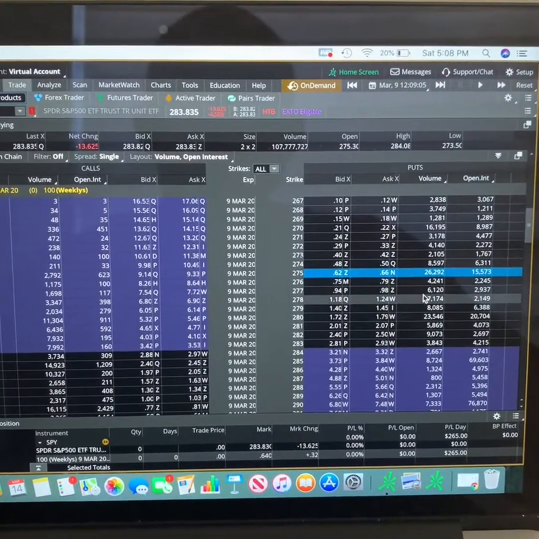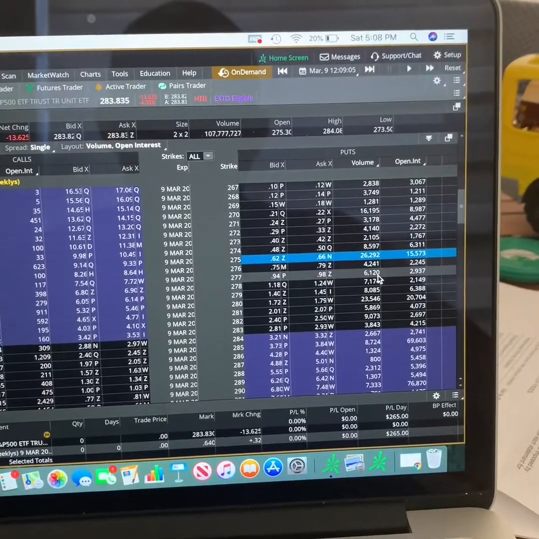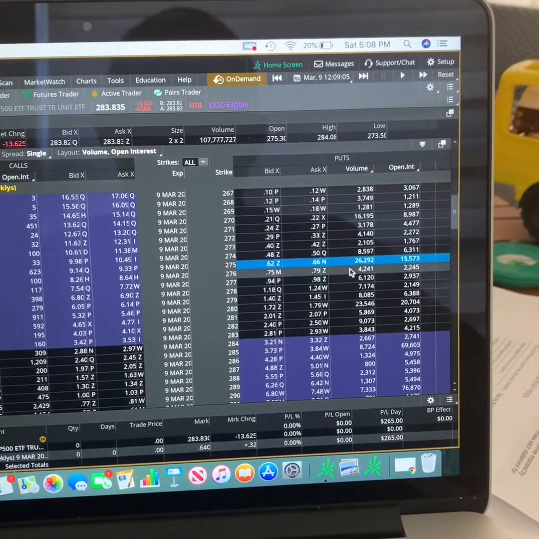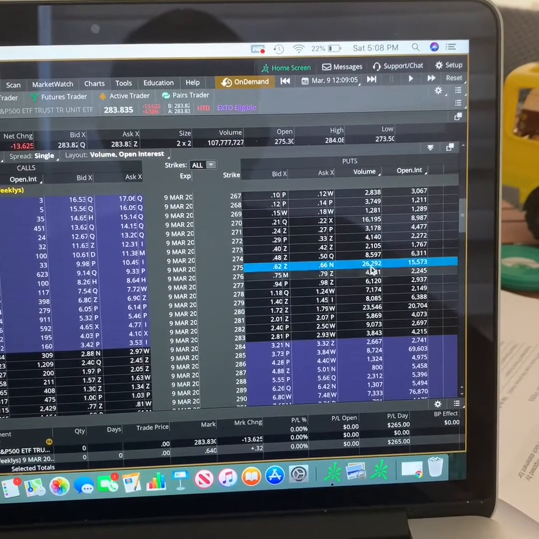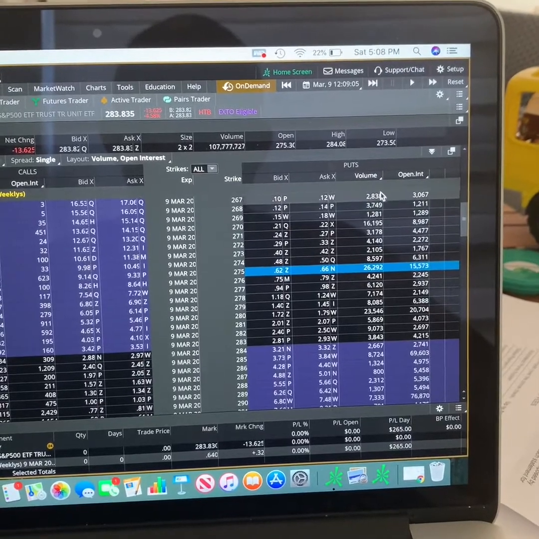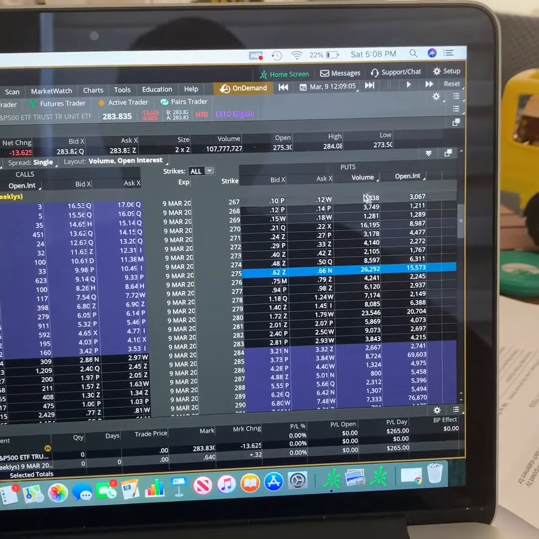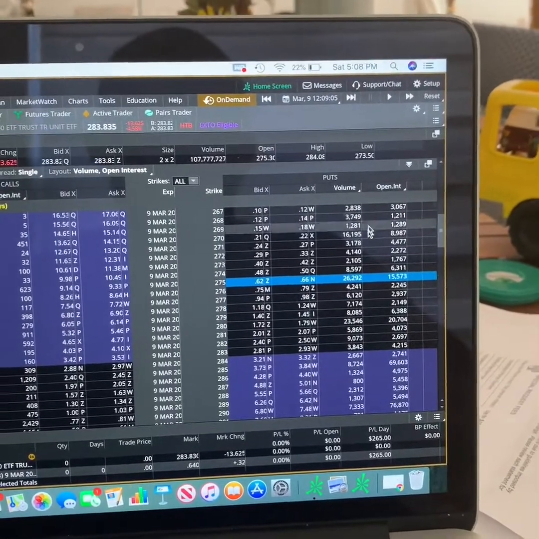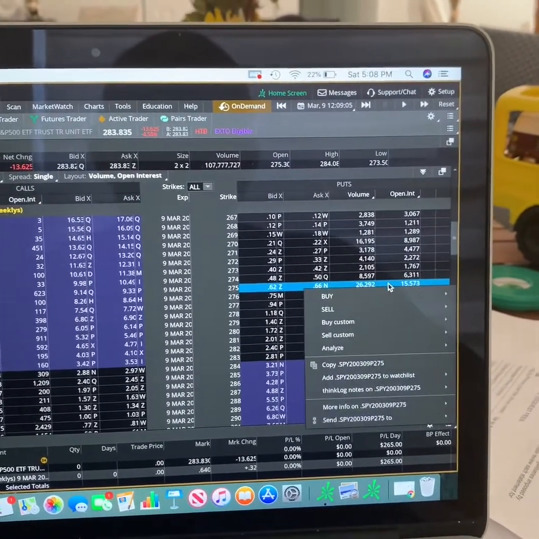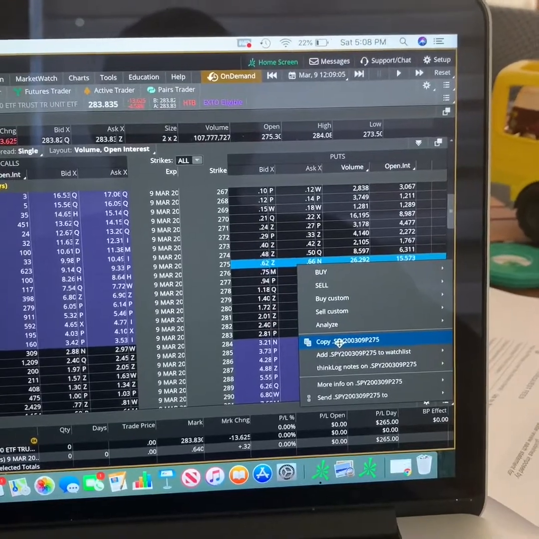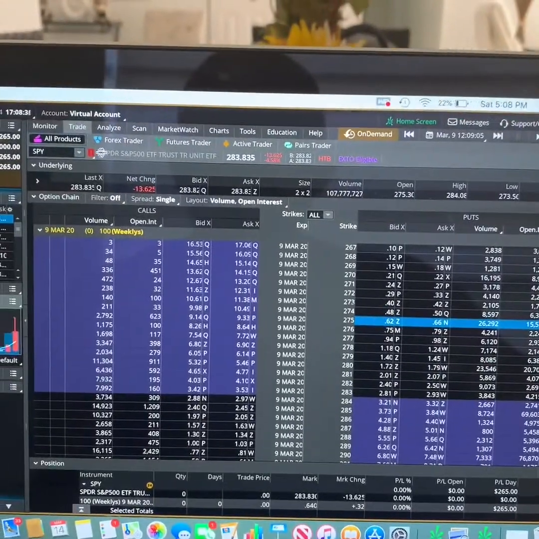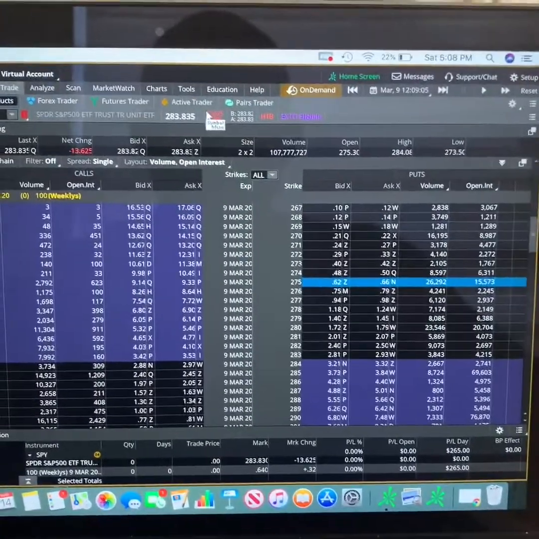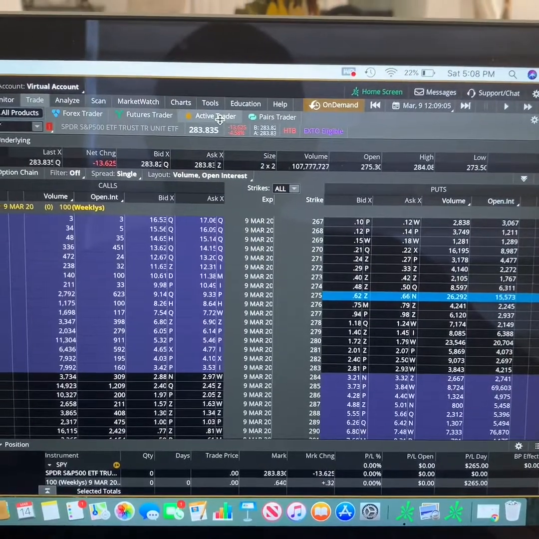The way you do that is you right click. In this scenario we're doing a put, so you right click in this area, which I have set as volume and open interest. It says copy. You copy, then go to your active trader, which is here, and click.